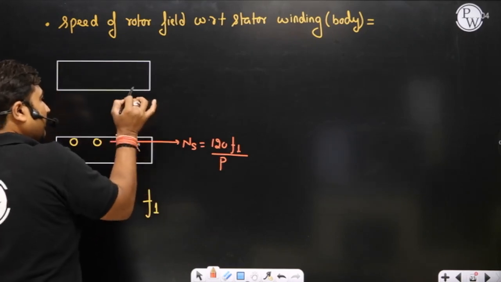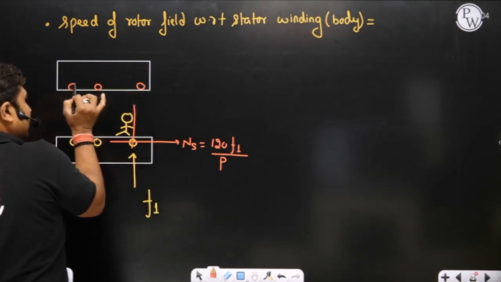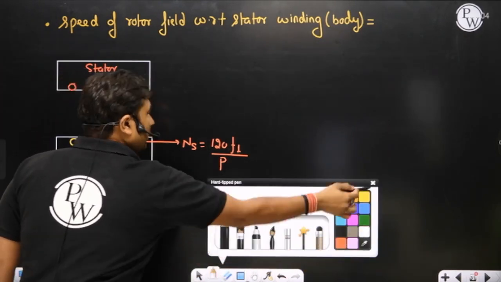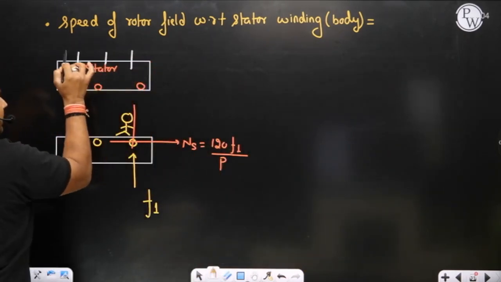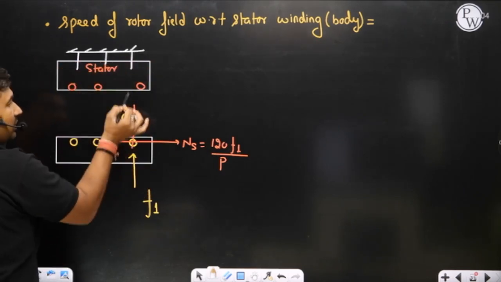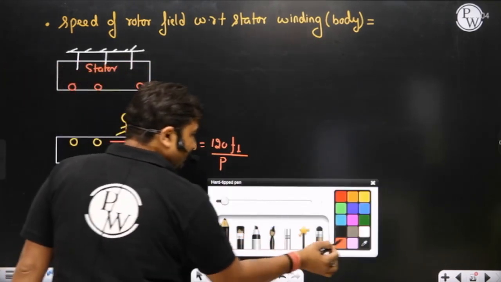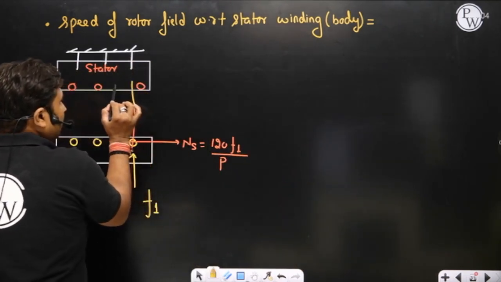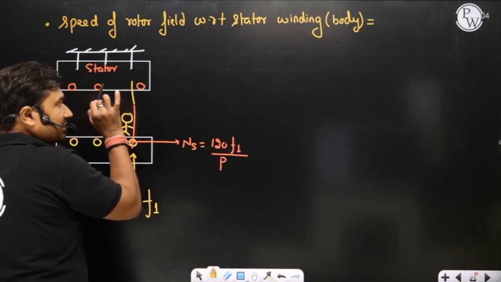Now this rotor field cuts the stator conductors. Always remember, the stator can't rotate. This rotor field cuts the stator structure and tries to rotate the stator ahead.